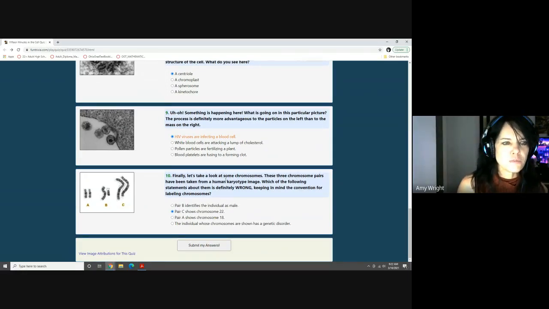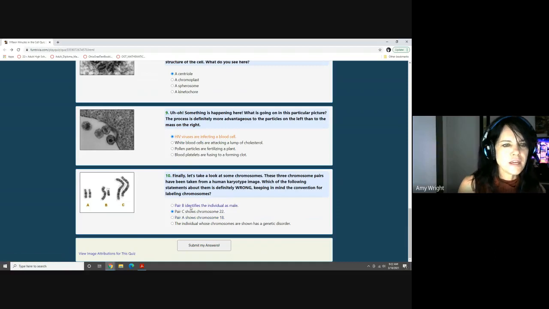These 3 chromosome pairs have been taken from a human karyotype image. Which of the following statements about them is definitely wrong? So I looked at these. I was able to figure this out. I know that B is your female and male chromosome. And if they look different, like this is your male one, I knew that this is a male.